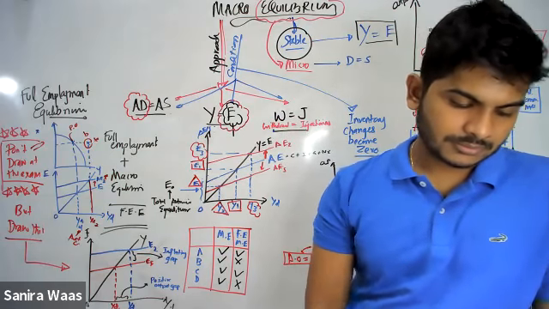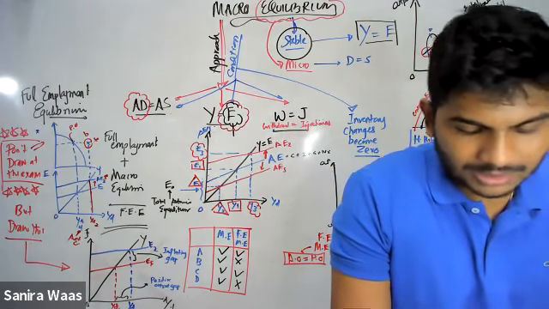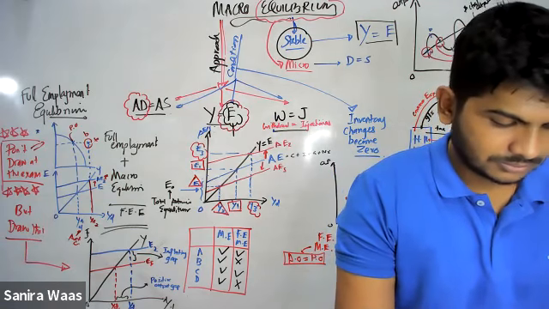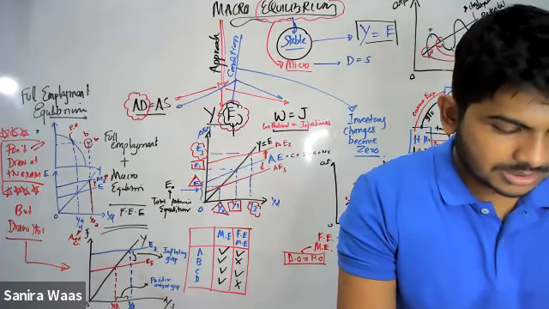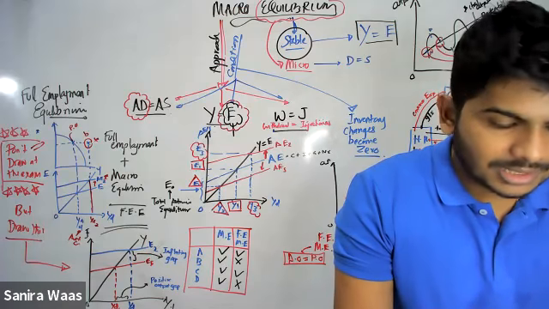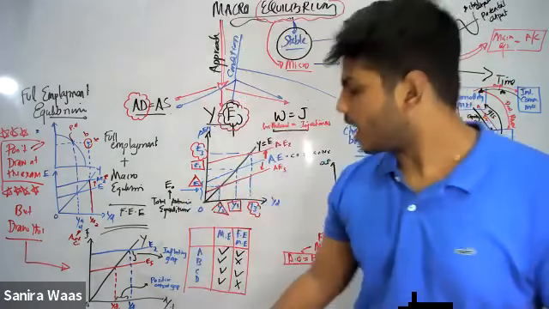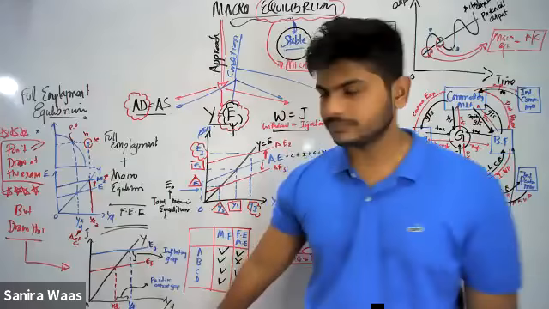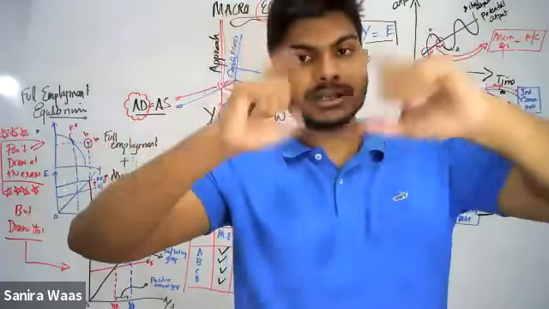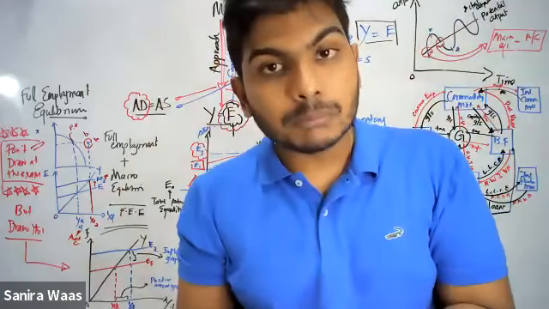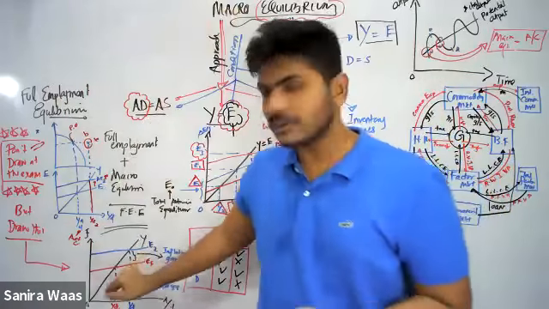Is it right or wrong? You might give marks out of sympathy, but I'm asking right or wrong. Remember, it's technically wrong, because an output gap can only be in terms of output. But here expenditure can increase, and it creates an inflationary gap, because we know demand pull inflation: when demand increases, inflation increases, and aggregate expenditure equals aggregate demand.